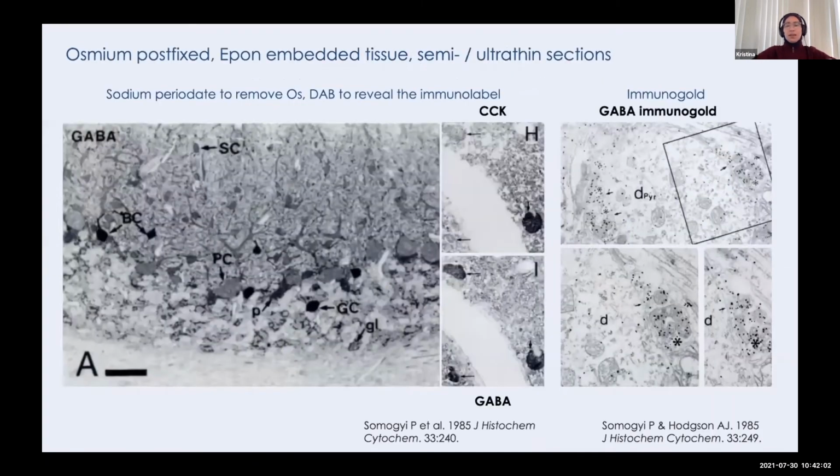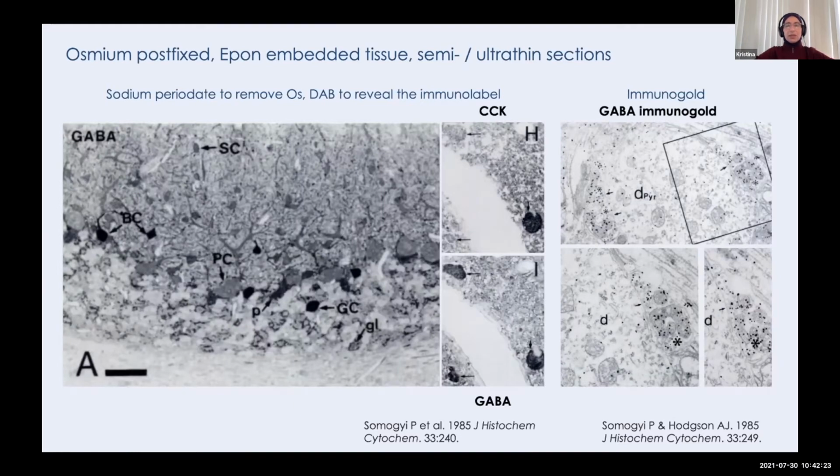One old and great way of checking antibodies for electron microscopy is actually using light microscopy on exactly the same tissue that one would later use for electron microscopy. Here I am showing you an example of the validation of the GABA antibody.